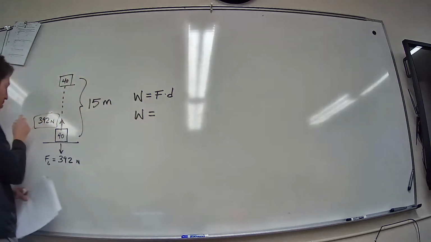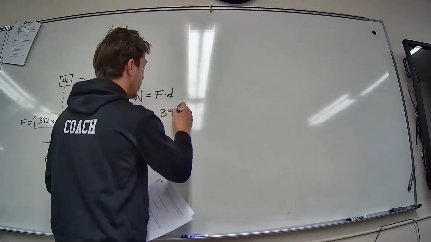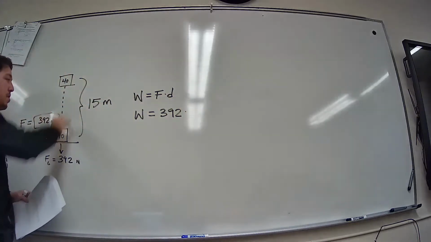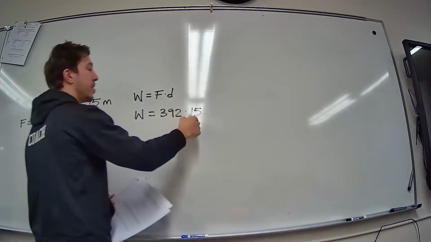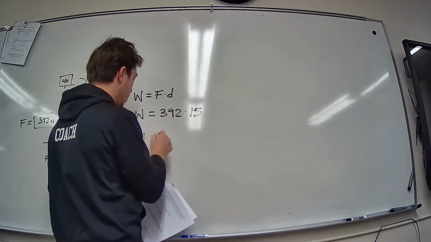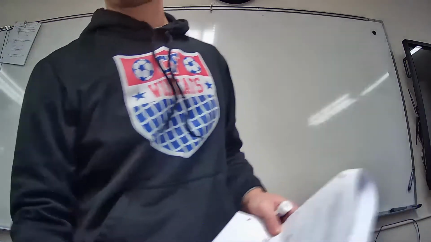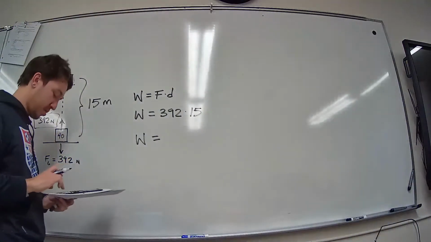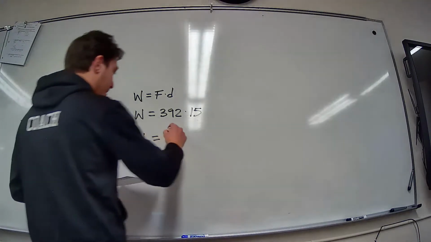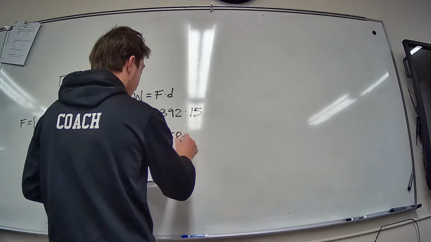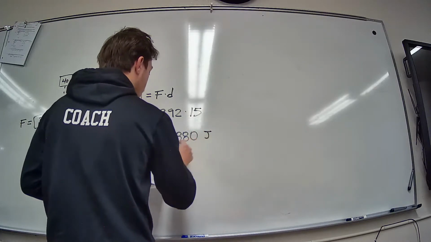The force is 392. The distance was 15. Newtons times meters, true, but what's the more savage unit that we like to use? Joules. So you get 5,880 joules.